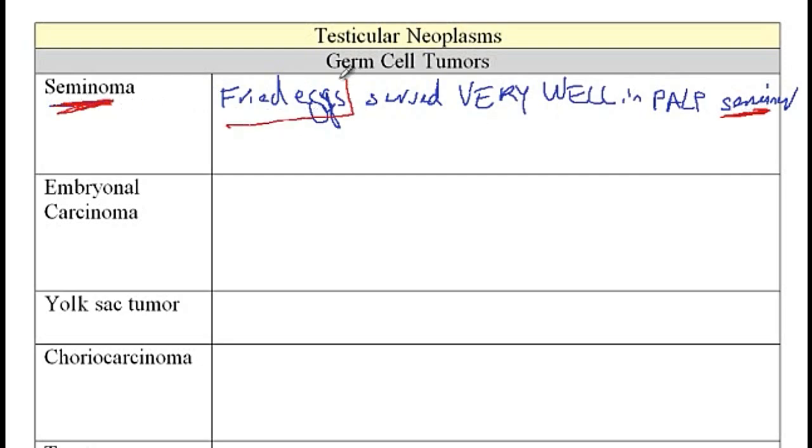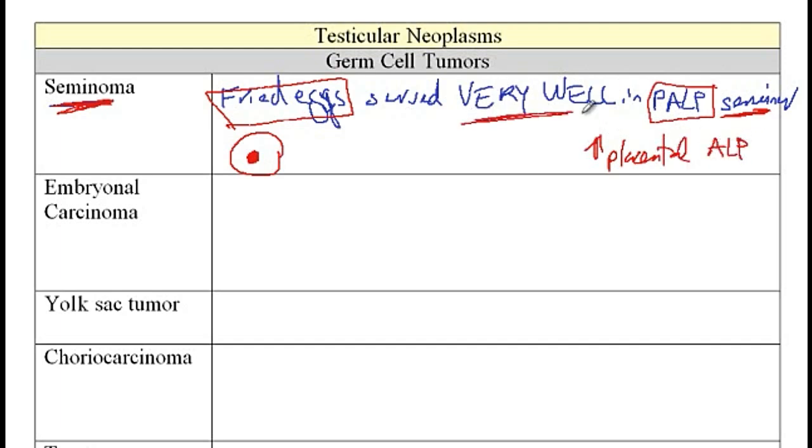Fried eggs goes for the histological appearance of these cells, which present with a central nuclei and a clear cytoplasm. Pulp goes for the increased placental alkaline phosphatase, and finally very well goes for the well response of these cells to the radiotherapy.